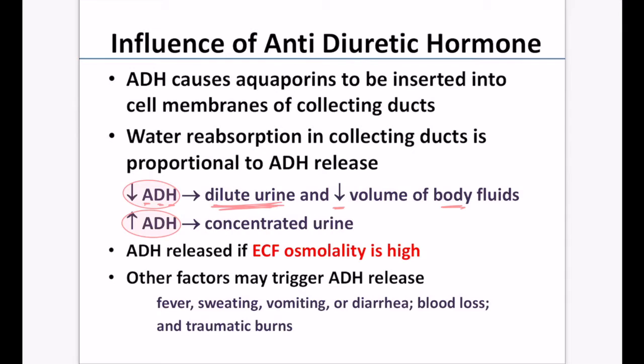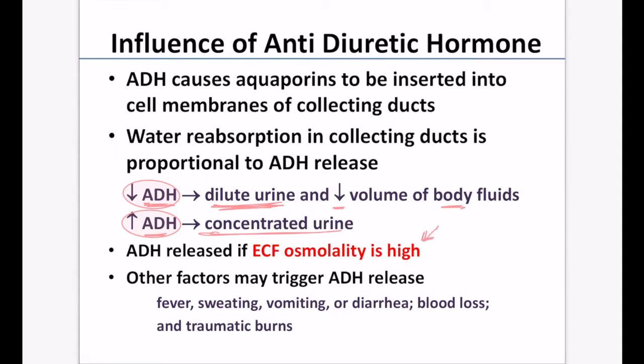Another thing that you see on here: if I don't have enough water intake or the water output is high, this will increase the ADH release, and this results in the formation of concentrated urine. What are the factors that will change your ADH levels?